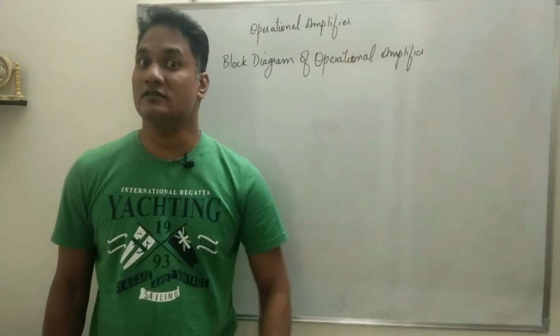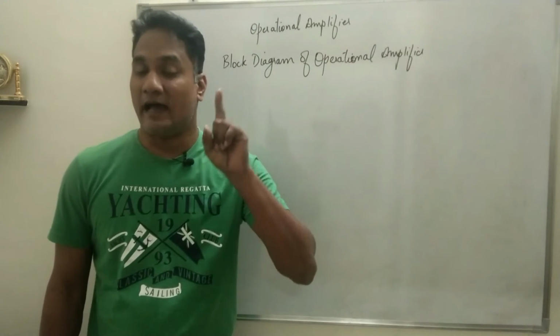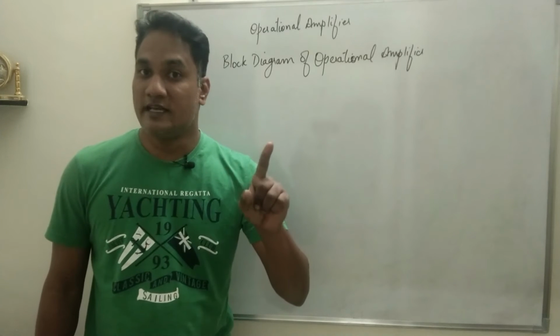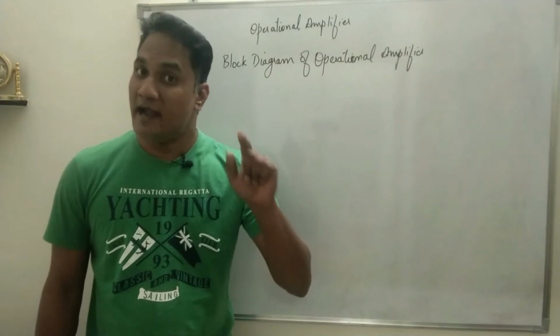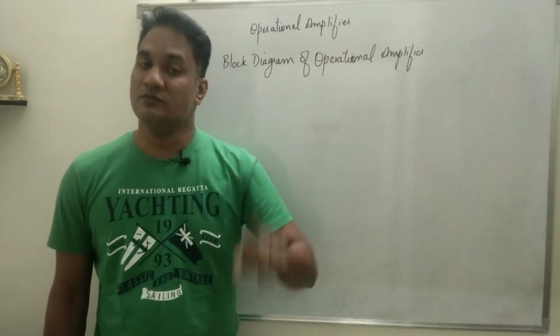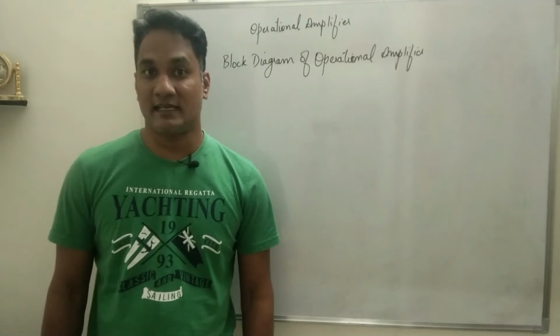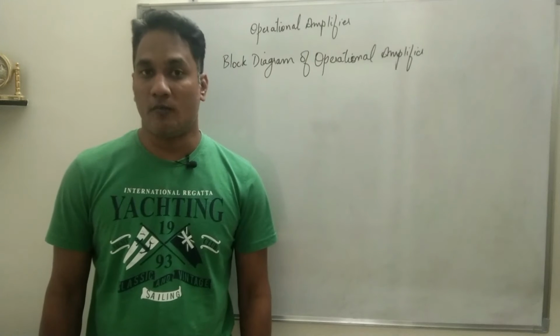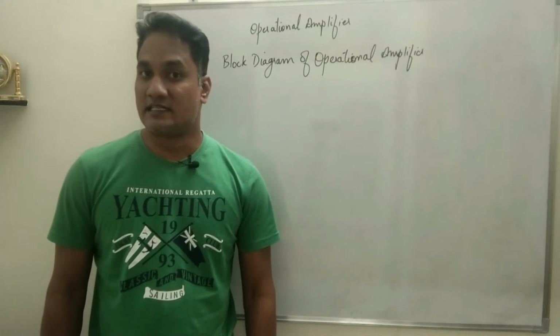That is the advantage of differential amplifier, and the ability of the differential amplifier to reject the common signal and amplify only the difference between the two input signals is called CMRR, common mode rejection ratio.